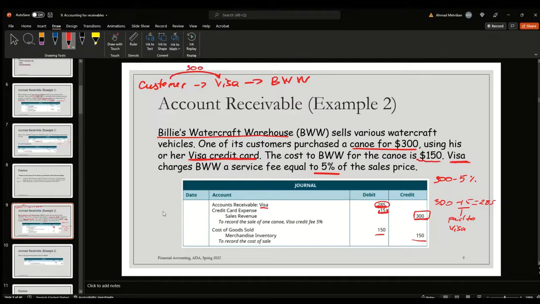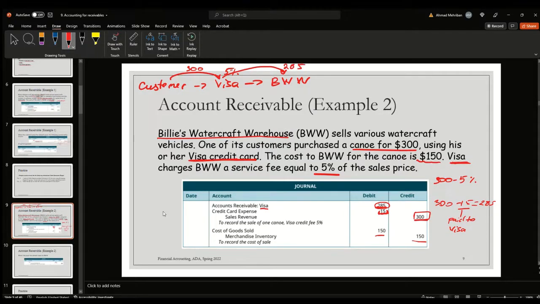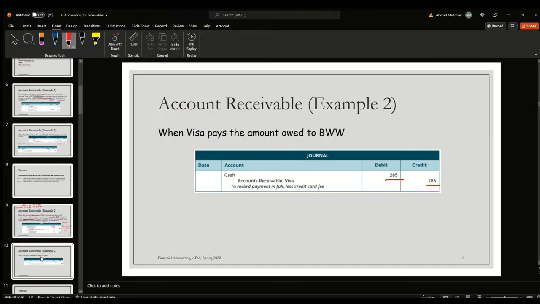Visa charges 5% to BWW, takes it out of this 300 and pays BWW 285. That's why BWW, knowing the fee that has to be charged, records its accounts receivable immediately as 285 and not 300. I hope that explains this whole situation. Okay.